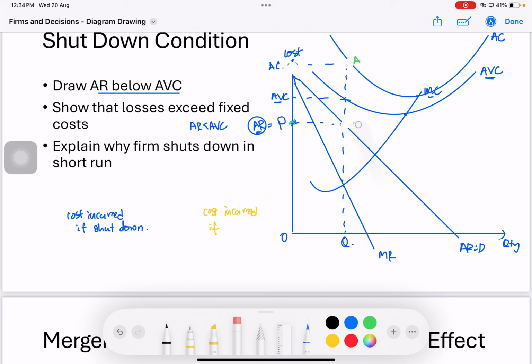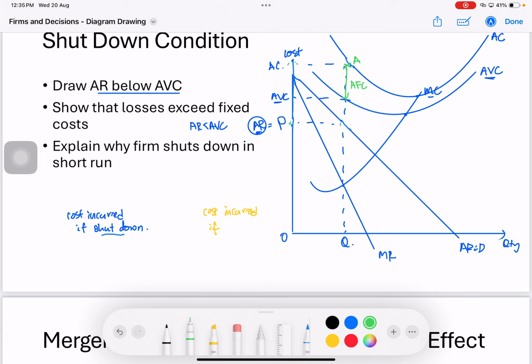Oh my God. Okay? Cost incurred if you shut down, it will be this area, or maybe I put it this way. Follow me because I got a bit of confusion already. It will be this vertical distance because this is AFC.